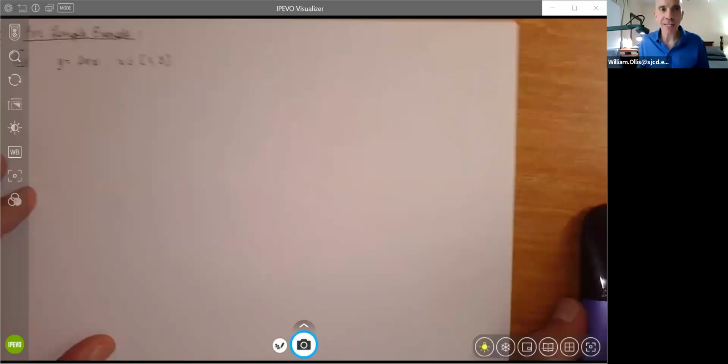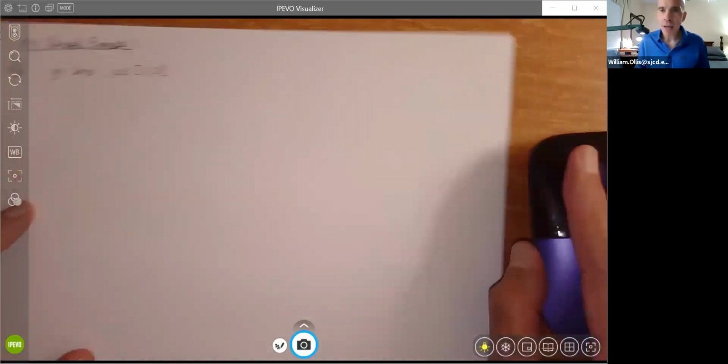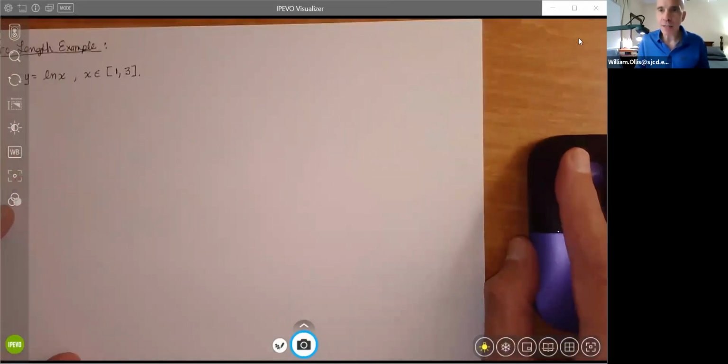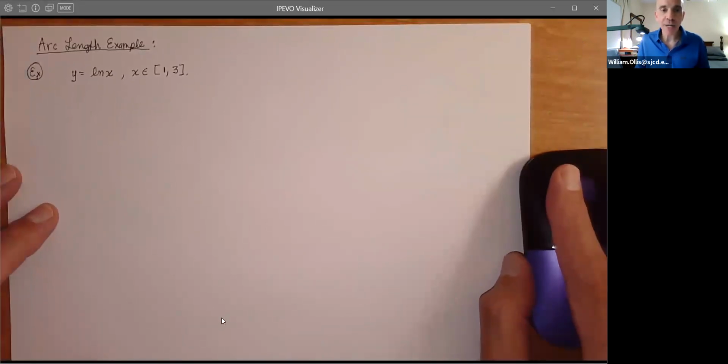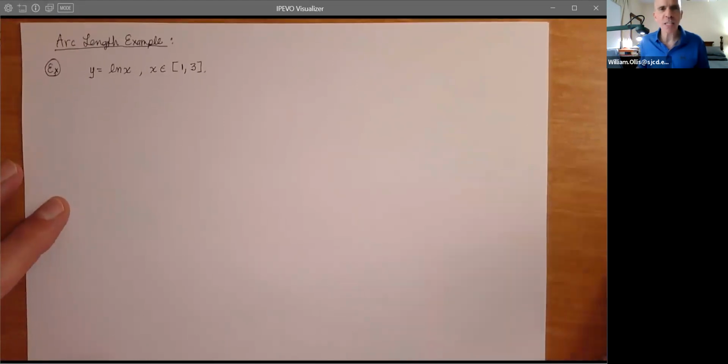So what I wanted to do first, before we start into the partial fractions, is just to do an arc length calculation. Lots of times when we were doing the arc length computations back at the beginning of the class, we found that the algebra was a little bit different.